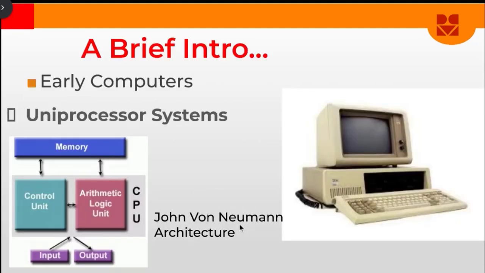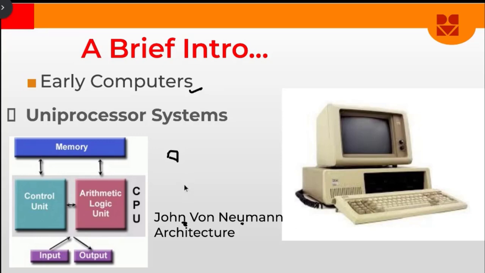Okay, but let's look at how computers evolved or originated. The earlier digital computers were designed based on the von Neumann architecture. The von Neumann architecture basically says that the computer has an input and output device, input to enter data and output to display the processed data or information on the screen.